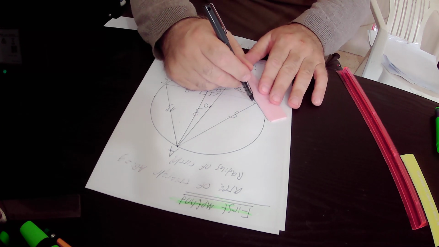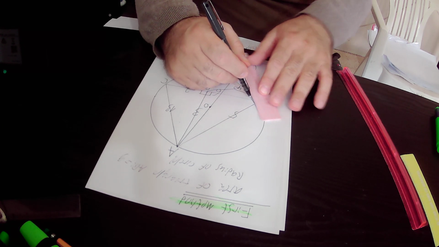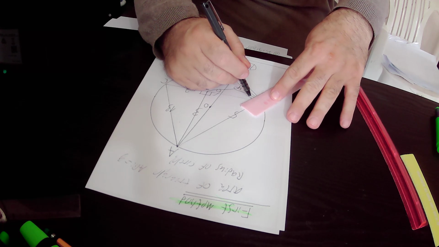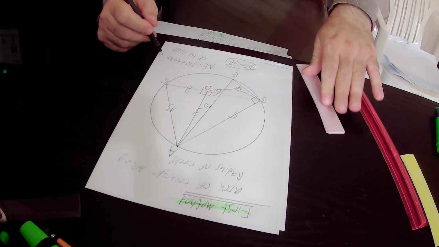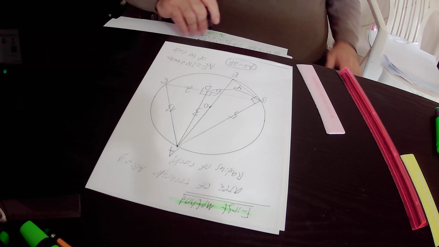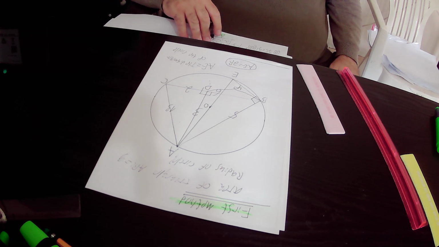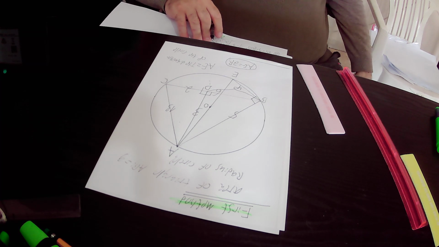Okay, so angle ABE equals 90 degrees. And we have another rule that states that peripheral angles that rest on the same chord are equal to each other.